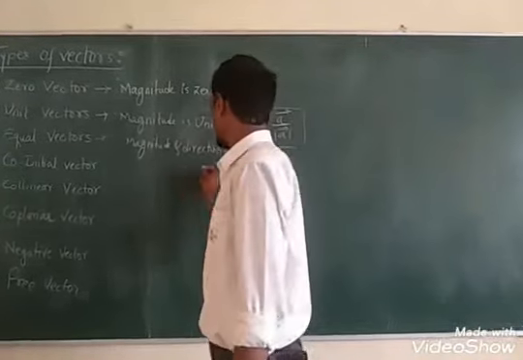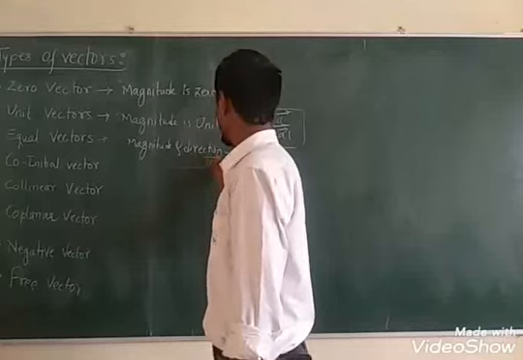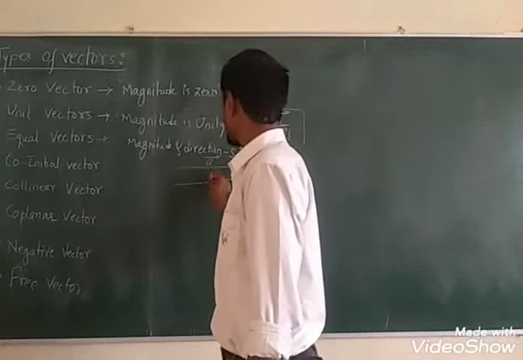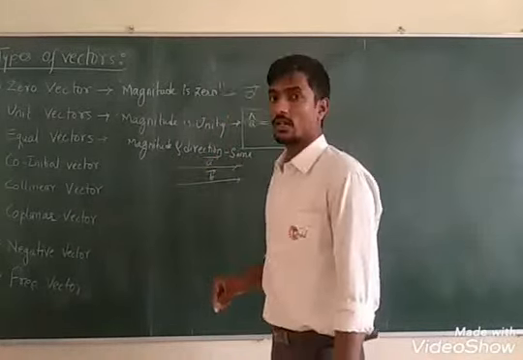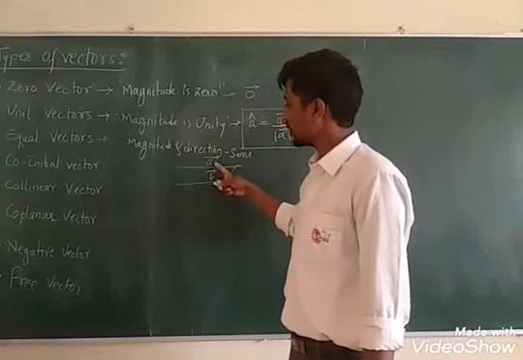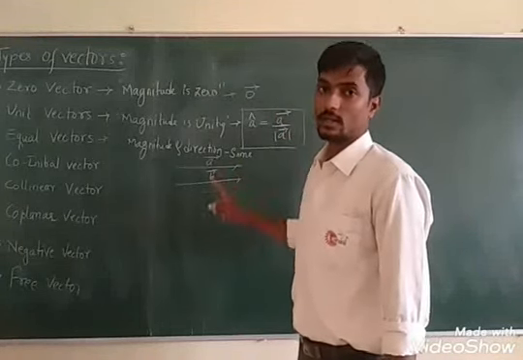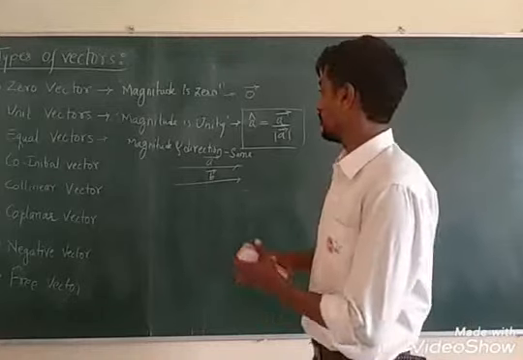For example, if this is vector A going in this direction, similarly vector B is also going in the same direction, and whatever magnitude vector A has, vector B has the same magnitude. Remember this.